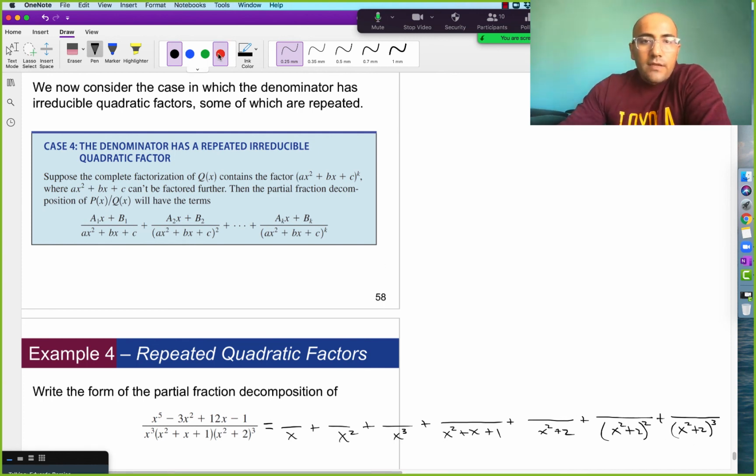Now, all the ones that have a linear factor in the denominator are just going to have constants up here, like A, B, C. So one single number goes there.